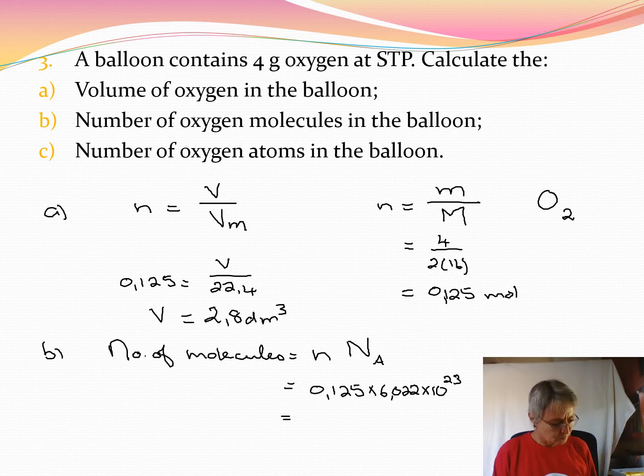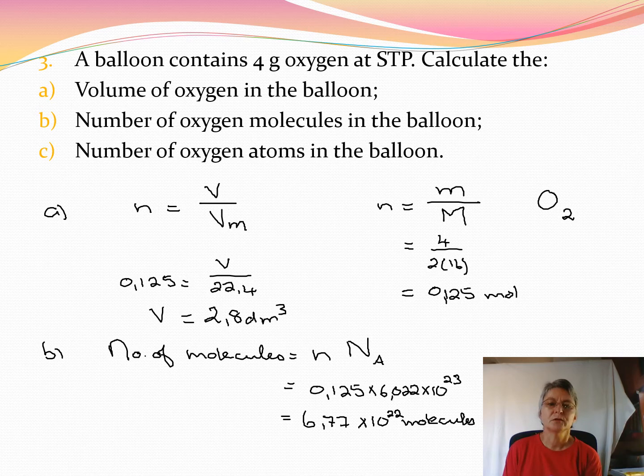So 0.125 times 6.022 times 10 to the 23, and I get 6.77 times 10 to the 22 molecules.